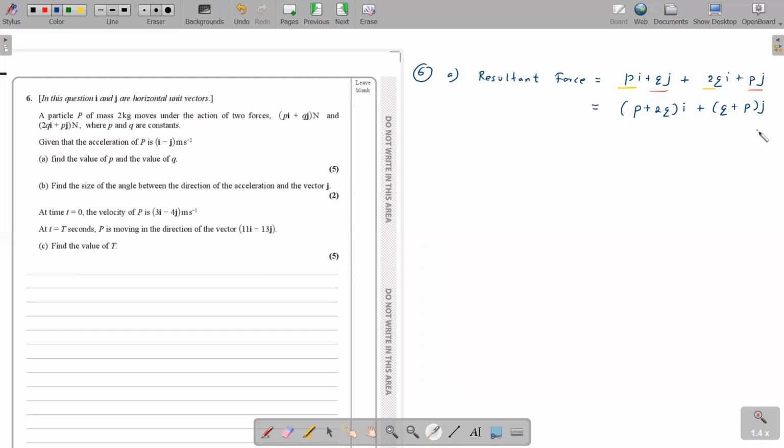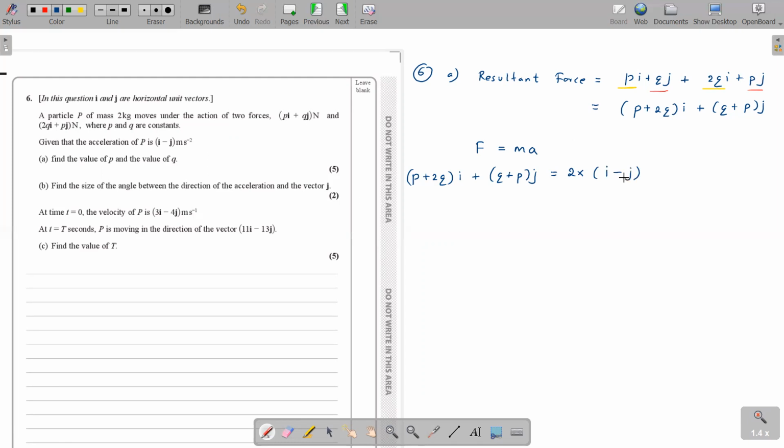So now they have given me an acceleration and the mass. So what comes into your head? We should use F equals ma. So the resultant force (P + 2Q)i + (Q + P)j equals mass, 2 kilograms, times acceleration, i − j.